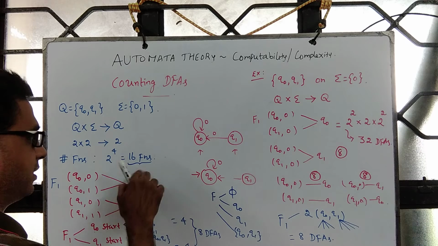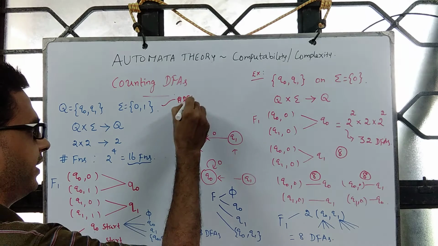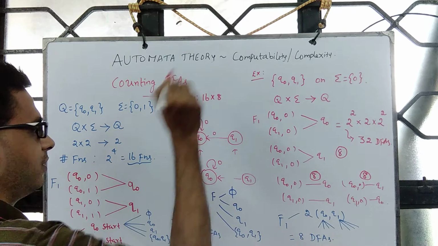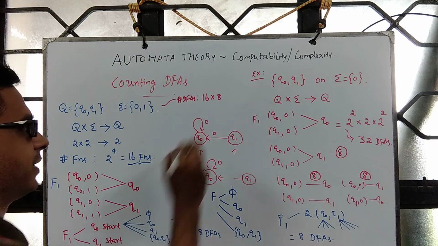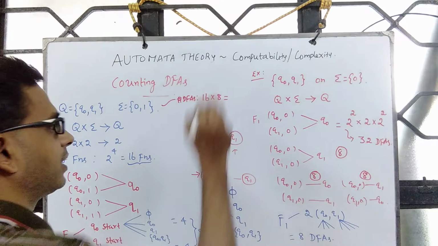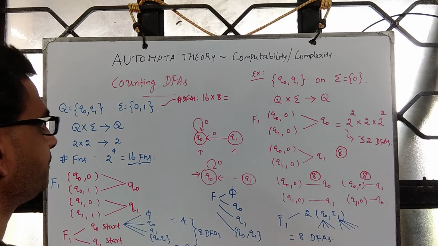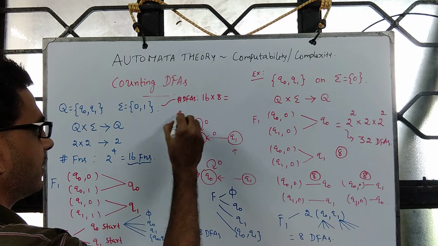So number of functions is 16, therefore number of DFAs is, for one function it is 8, for 16 functions it is 16 into 8. So we get this many DFAs. Okay, but how do we arrive at this number?